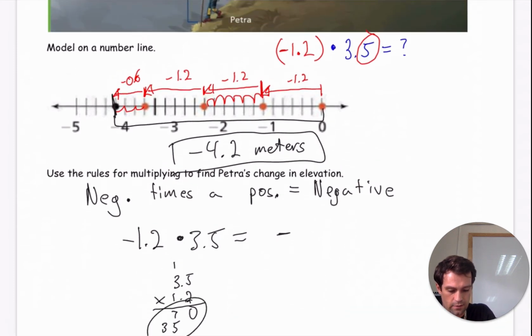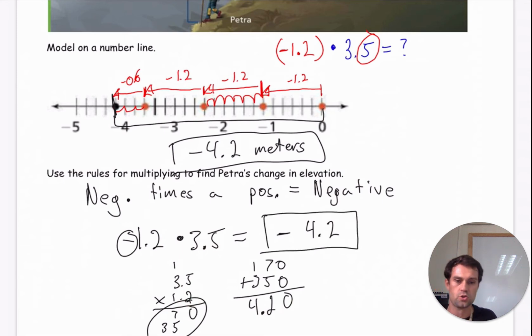So then we have 7 plus 350, so 7 and 5 is 12, 4. Remember, there are 2 decimal places, 1, 2, so we move over 2 decimal places. That is why we have 4.2. And remember, there is 1 negative, so it will be negative 4.2.